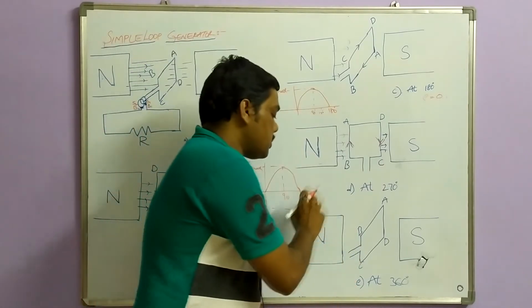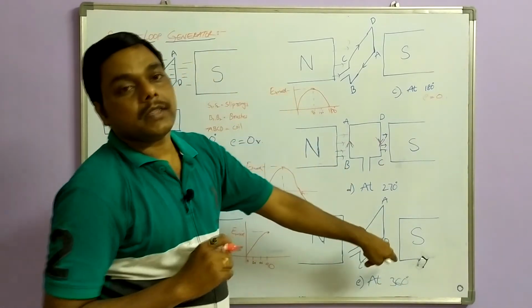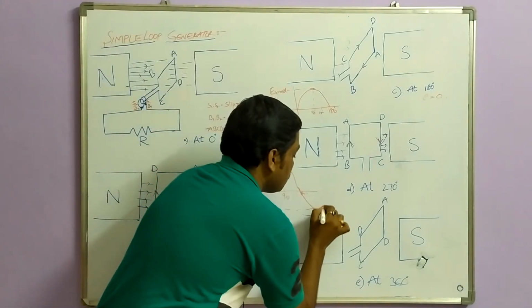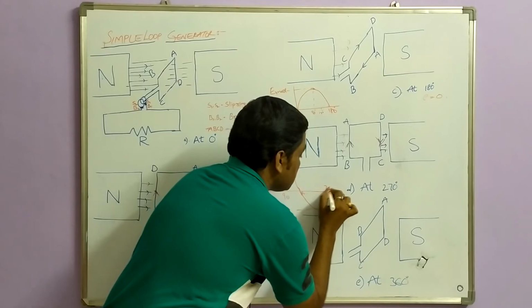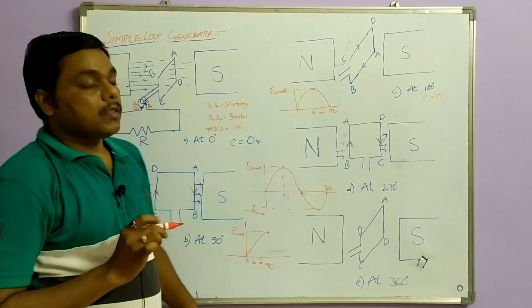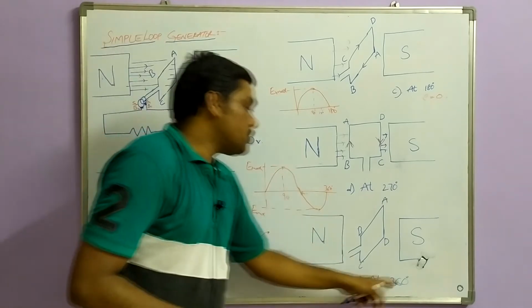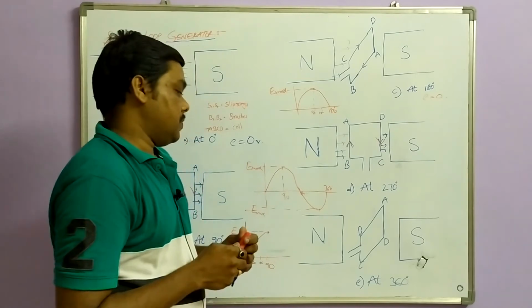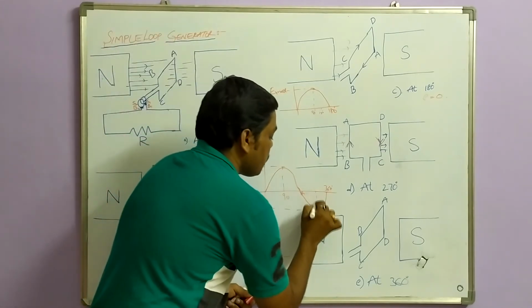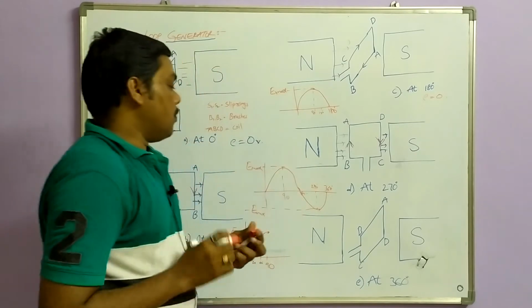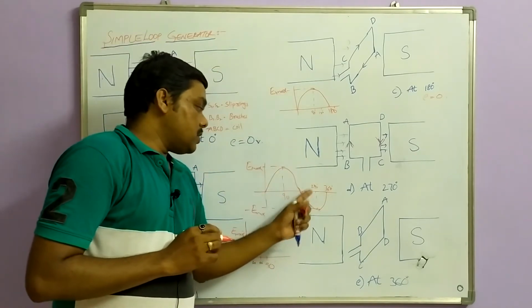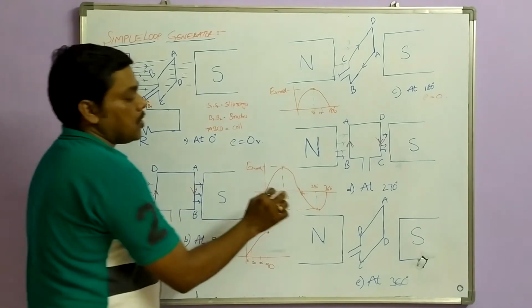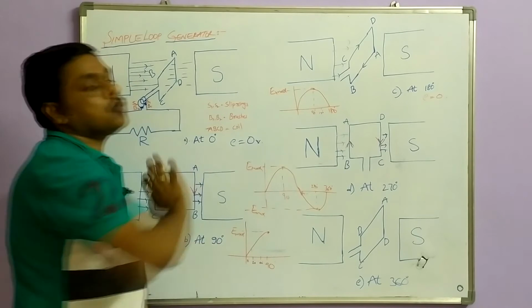So from 270 to 360 degrees, your induced EMF goes to 0. This is 360 degrees. That means from 270 to 360 degrees, the induced EMF decreases. And 90 to 180 is similar to 270 to 360 degrees, and 0 to 90 is similar to 180 to 270.